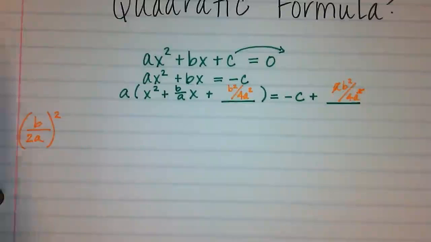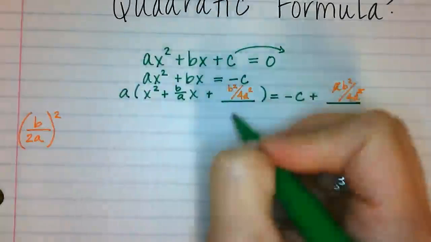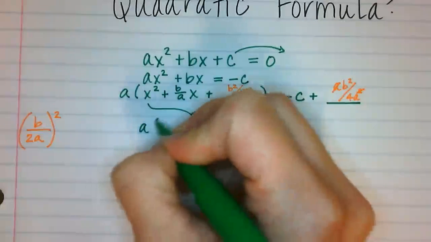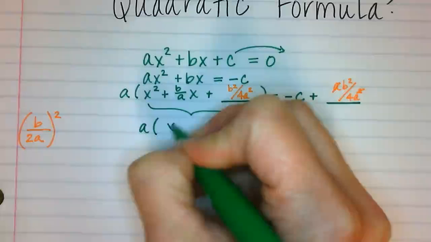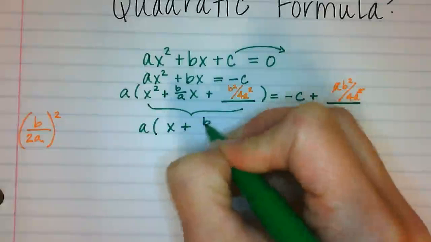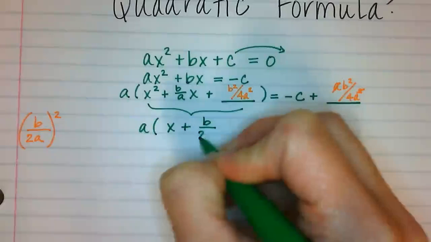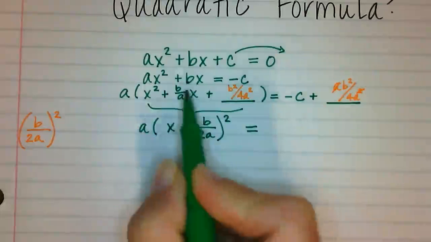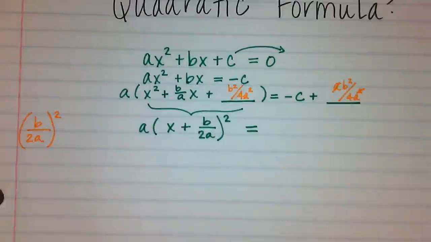All right, so now on the left, we need to go ahead and factor this. I know that I can factor this to be a times x plus b over 2a squared, because half of this is what always goes inside of our parentheses.